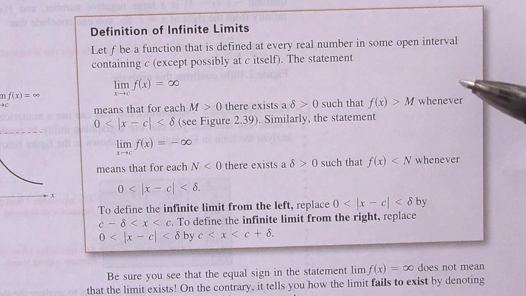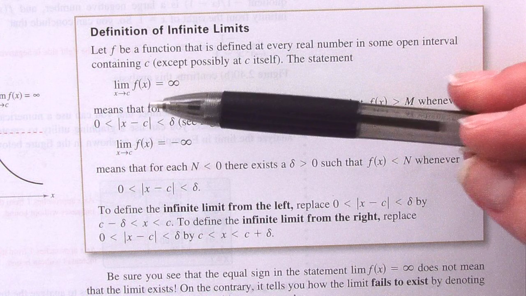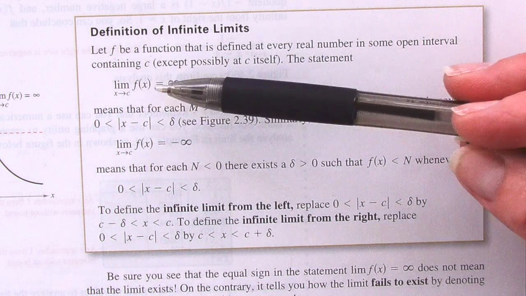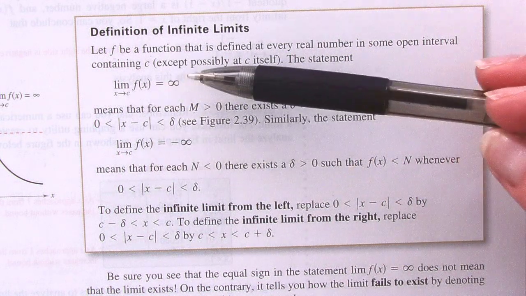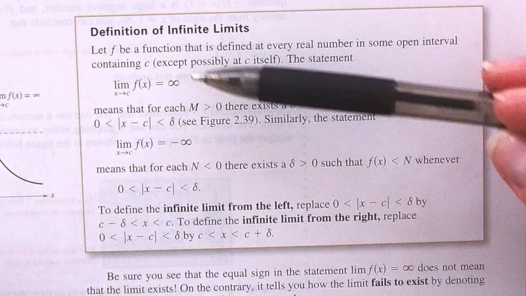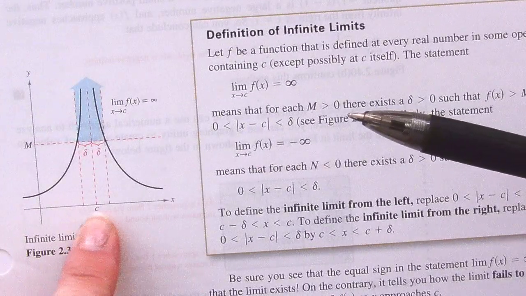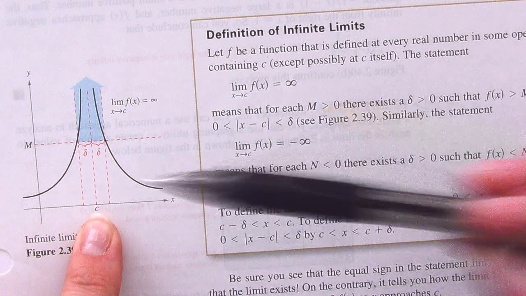The statement, the limit as x approaches c of f of x equals infinity. Okay, so c is the target value here. That's where your vertical asymptote is, right?